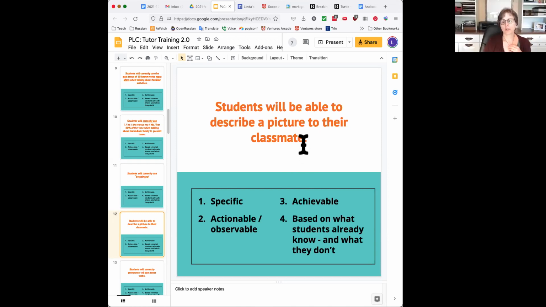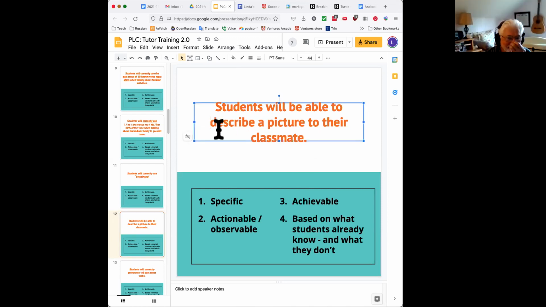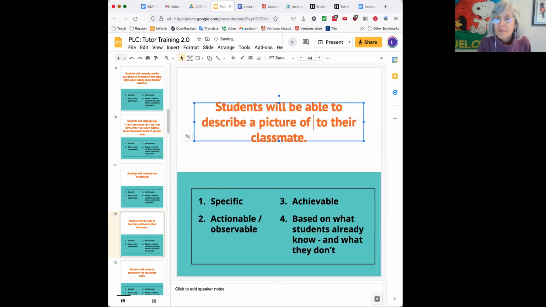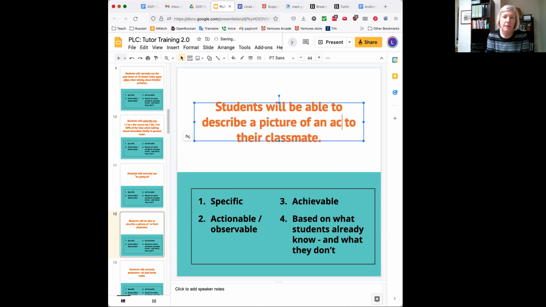I wonder if one should add the word correctly, describe the picture correctly. Yeah, there's always that. What kind of picture? That I think that's really good. A picture of an activity. Yeah, because they're not describing a picture, I think we're trying to have them describe what's going on in that picture, right?